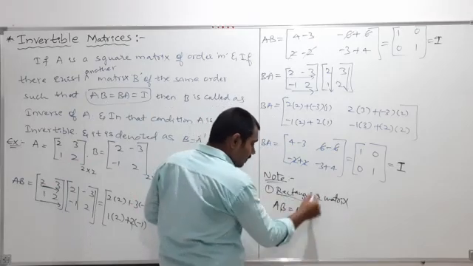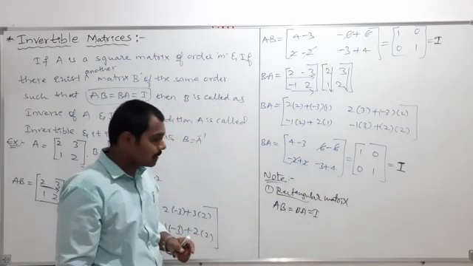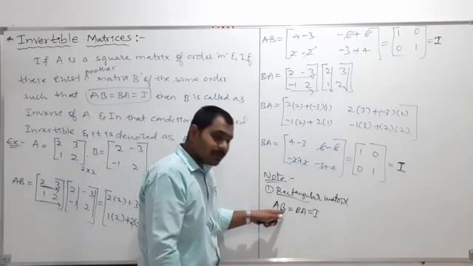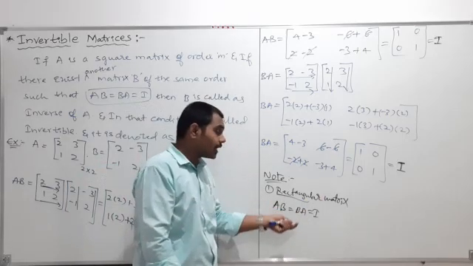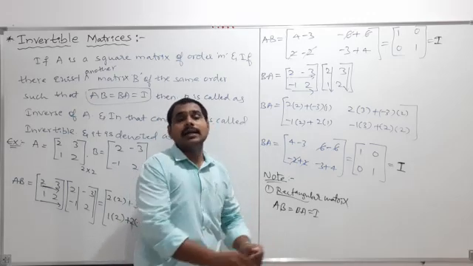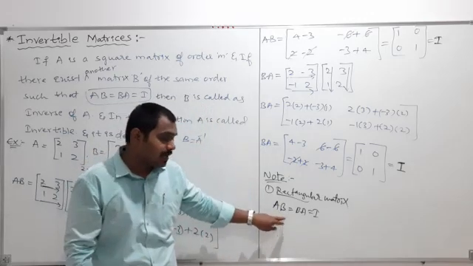But if I take any rectangular matrix, then what happens? AB may be possible, but in the case of BA, multiplication is not possible.